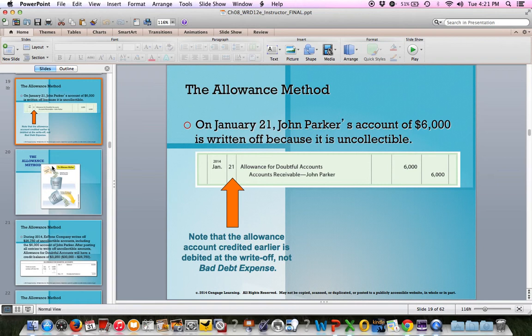And so now we are writing off one of those accounts that we thought might go bad. And so we have already written off the expense. We've already recorded that. And so now we reduce the allowance. Okay, so instead of crediting the allowance account, now we debit the allowance account as we specifically write off accounts. So we debit the allowance and we credit the account receivable for John Parker.